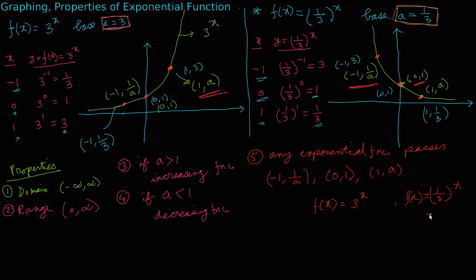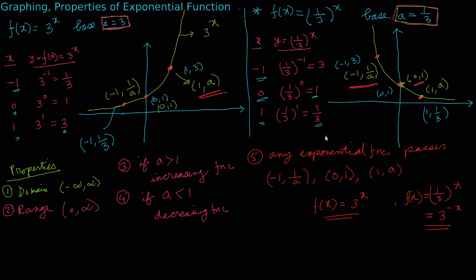Now what can I write this function as? 3 power -x. So you see, these 2 functions, if you notice the plot, one and the other function is basically, if you flip the function about y-axis, then you actually get the other function.